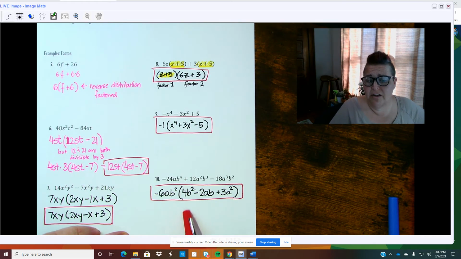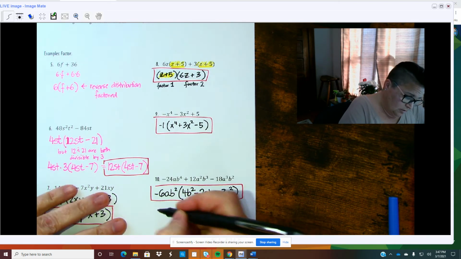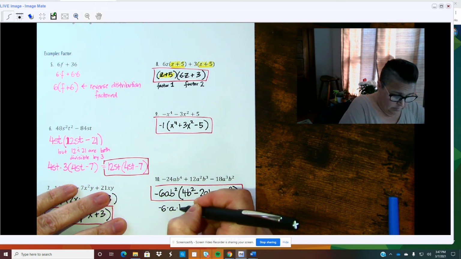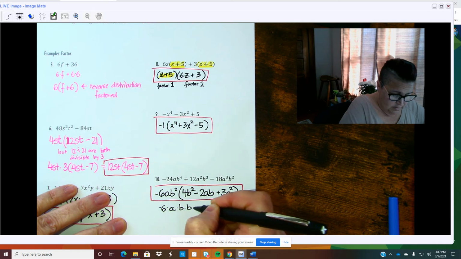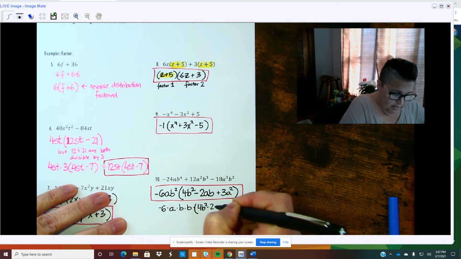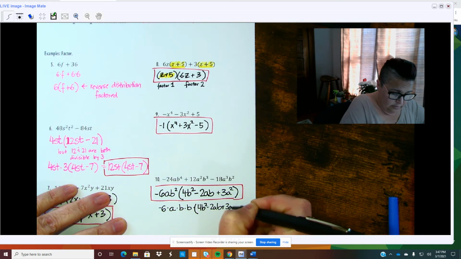So just as a reminder, do you know how many factors are here? There are actually 1, 2, 3, 4, 5 factors in this polynomial. Just negative 6 times A times B times B times this parentheses, 4B squared minus 2AB plus 3A squared.